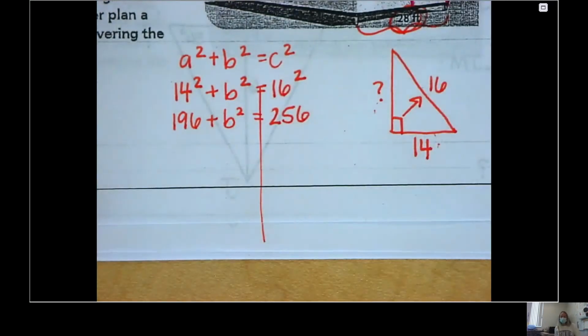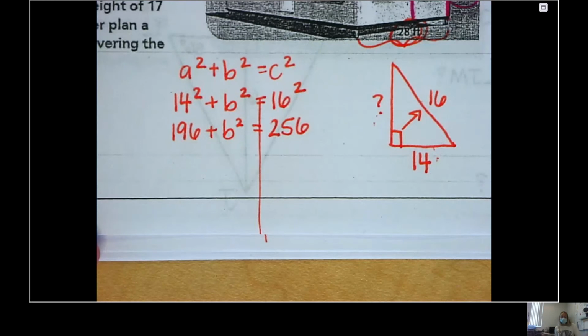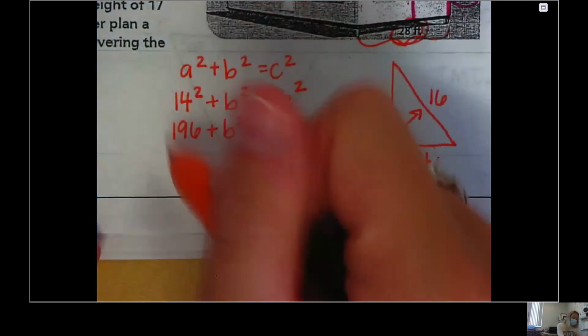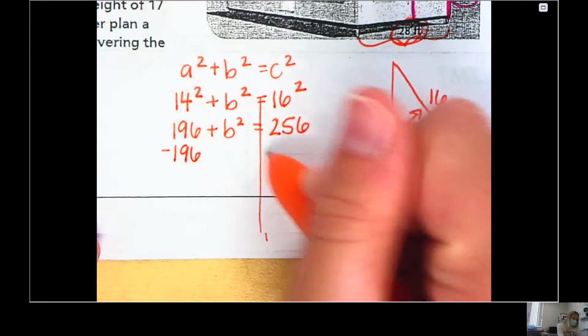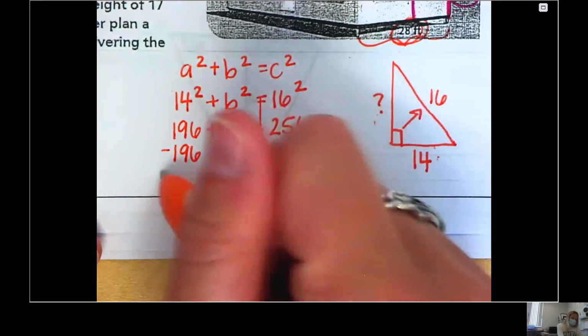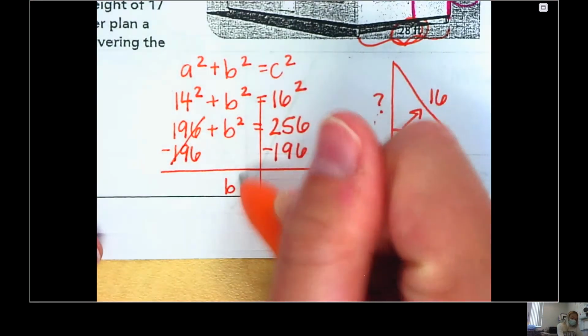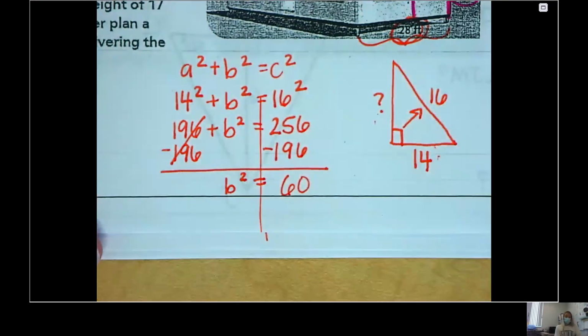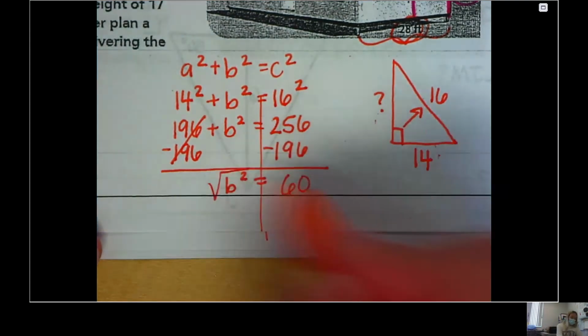All right, this is an algebra problem. What do I do next? Oh, take one. First, I'm going to subtract the 196 before I square root. I get B squared equals 60. And now, what's my last step? Square root.